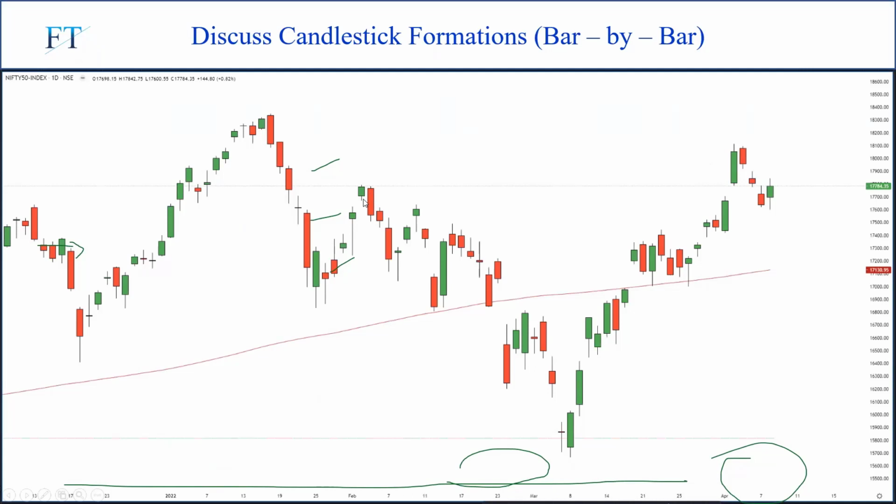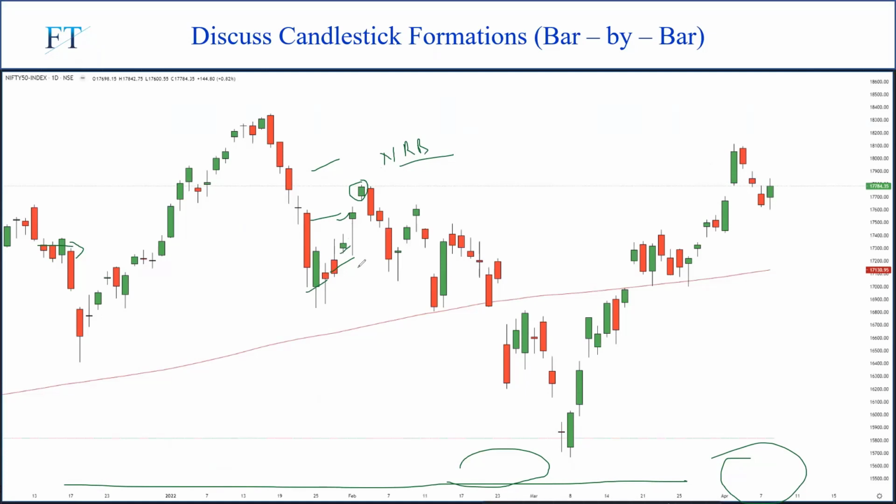It doesn't have that strong follow through, and we have a small or narrow range body, or NRB as we call it, that is telling us that now the momentum is getting slowed down, right? The message was, even here it was clear that the momentum is slowed after this big green bar.